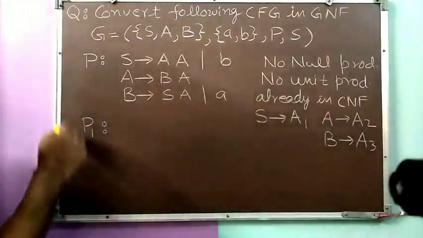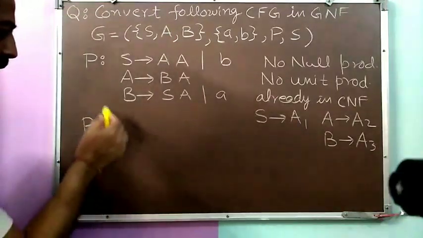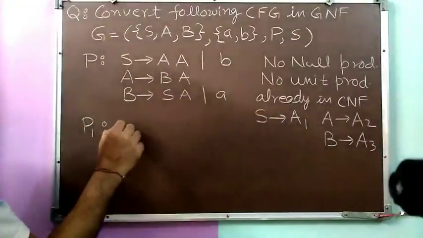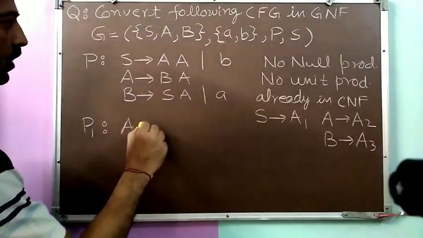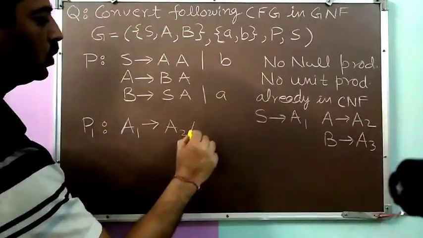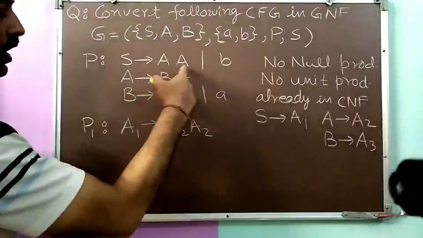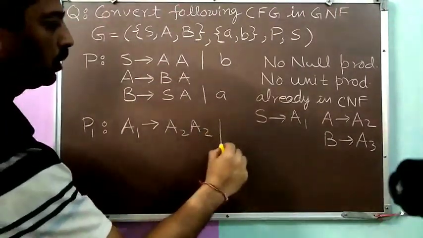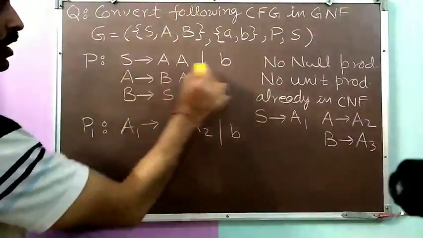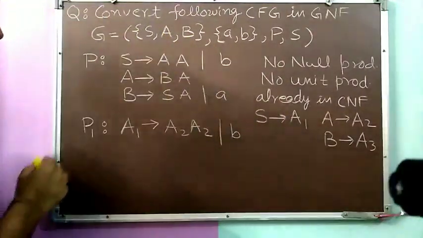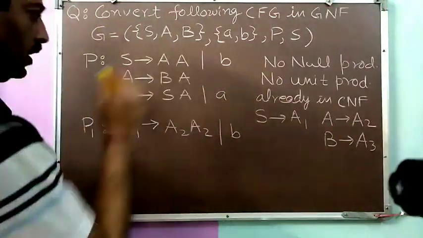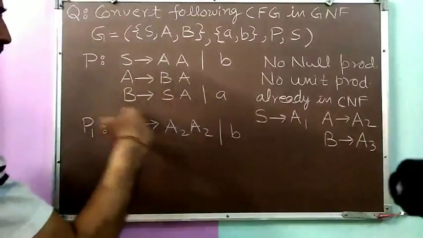So the result of step 1 will be defined as the set of productions P1. S will be converted to A1, and A will be converted to A2, so AA becomes A2, A2. Oblique B is the terminal. So we have successfully renamed the first production of P, and we have got the first production of P1. Then similarly, we'll convert the second and third as well.